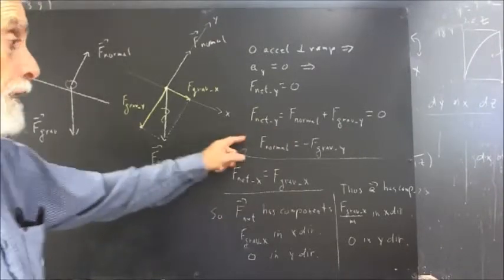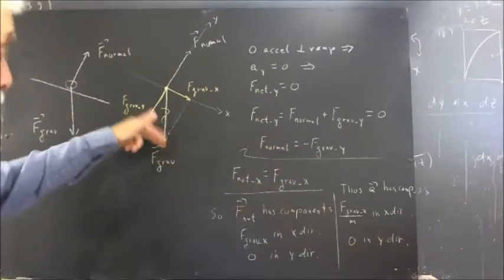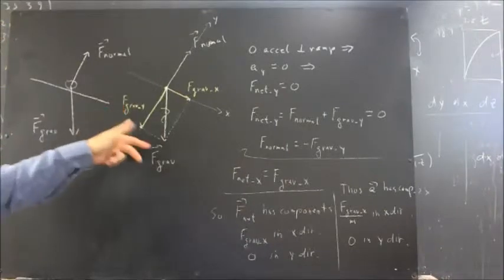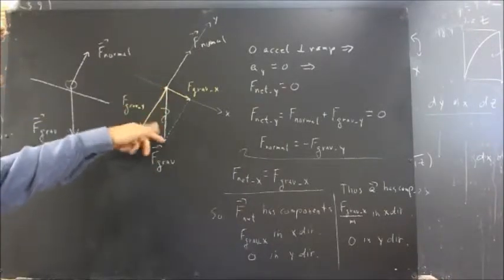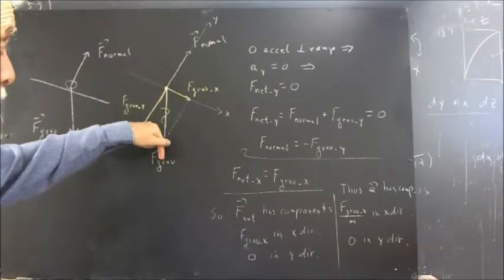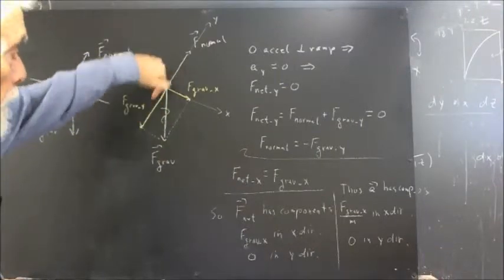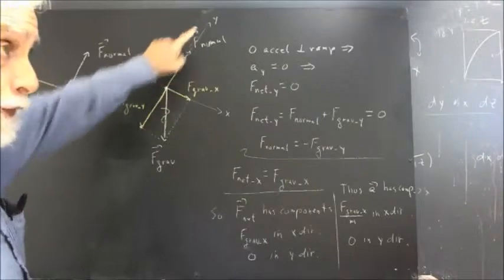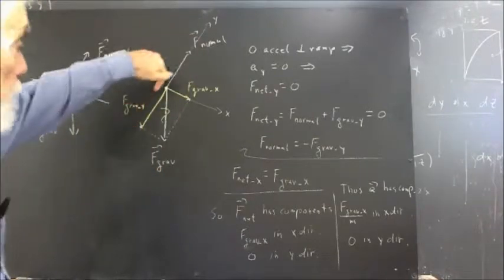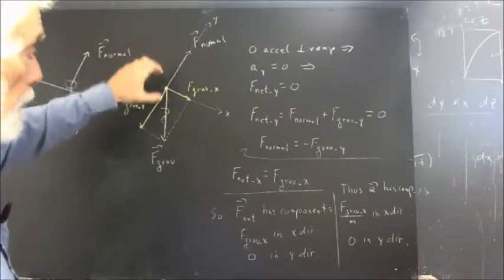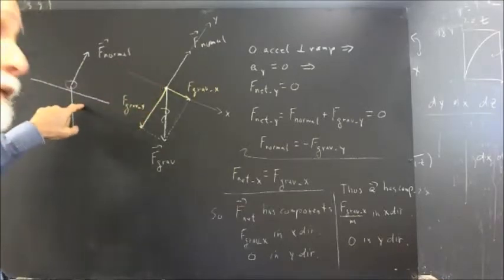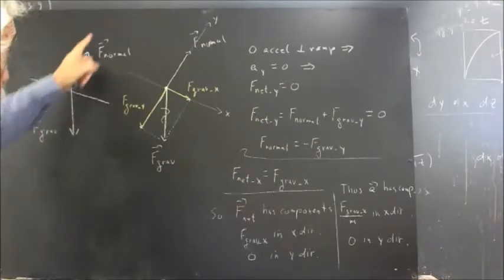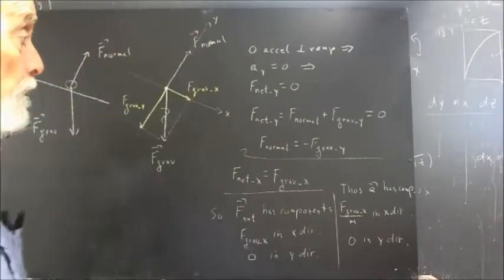Okay, so anyhow, we got the normal force, just the y component of the gravitational force, and that's fairly easy to understand intuitively. Gravitational force pulls in this direction. Its pull in the y direction is this, and that's why there's this normal force, because this component of the gravitation compresses or slightly bends the ramp, causing the ramp to push back with the normal force.